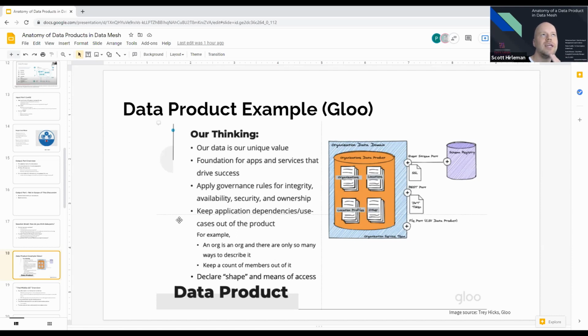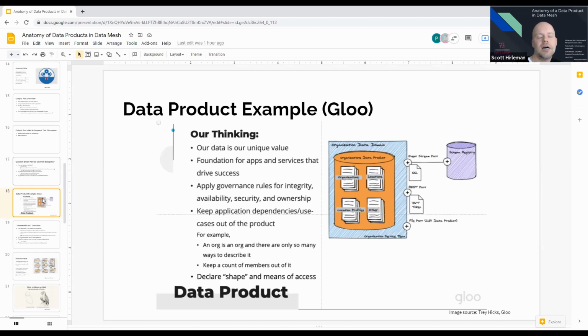The person creating the data product may have an opinion of the way it should be used, but you also want to create it in such a way that it's multi-purpose enough that somebody could come along in a novel fashion and use it, right? That they've got that ability.